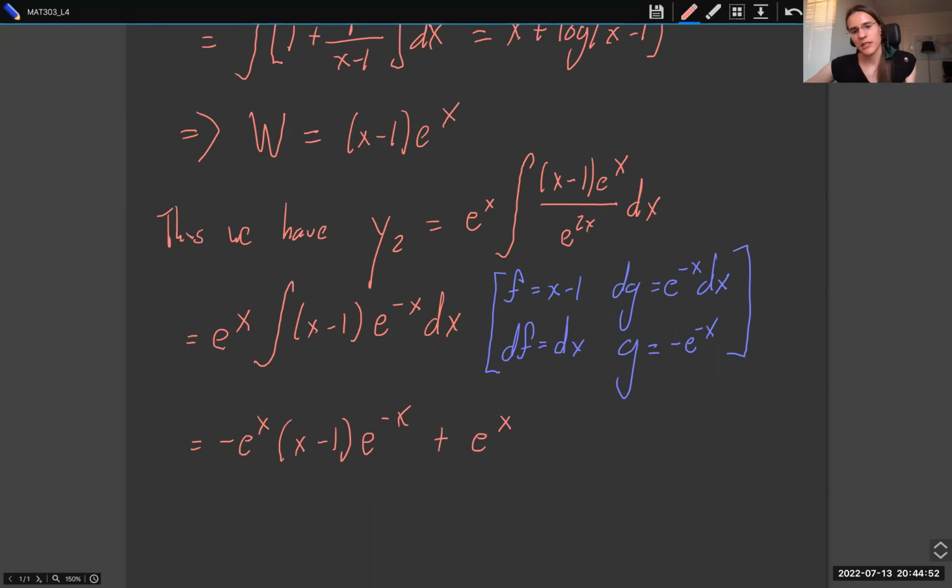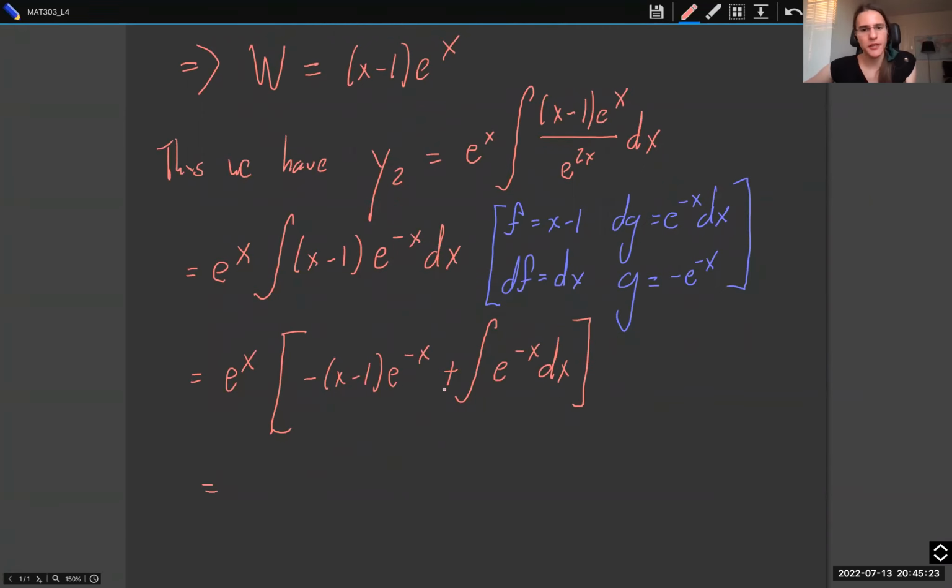It might actually be clearer if I kept the e to the x here and then did this cross term. Well, that's not hard. We already did this integral. It's negative e to the negative x. So I get e to the x times negative x minus 1 e to the negative x.